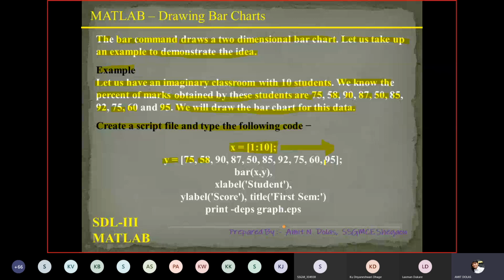So the respective percentage is given, and the simple command, that is bar(x,y), will plot a bar chart for this data. And again, if we don't label, then it will be a blank chart along with some bars.